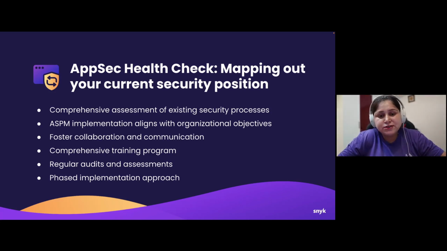We need to foster an open dialogue to address any concerns or gather inputs. Make sure to organize cross functional workshops, meetings, and training sessions to facilitate team communication, and establish channels for ongoing communication to address any questions and ensure that there's a collective understanding of ASPM's role in the application security program.